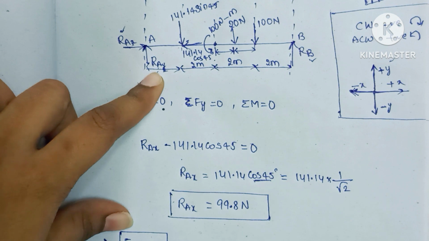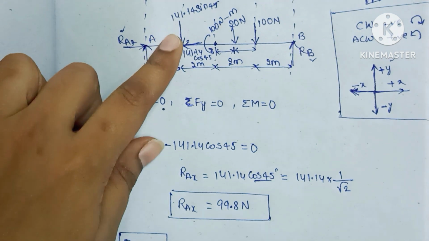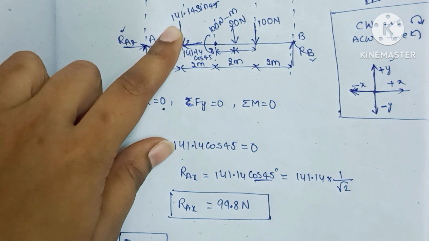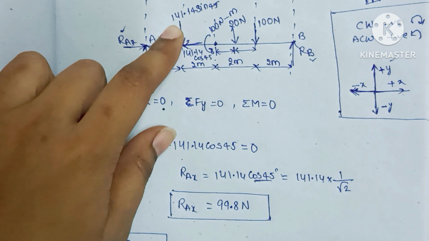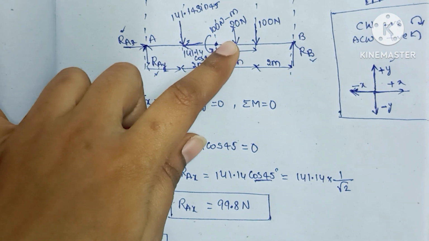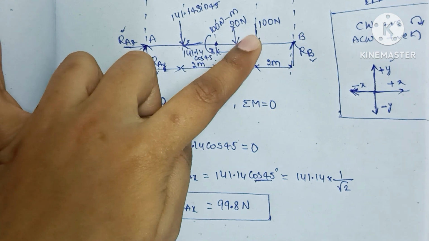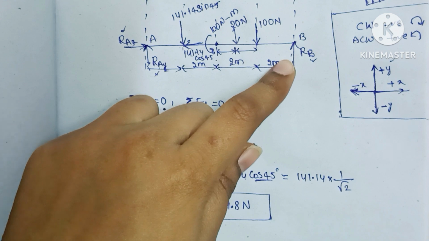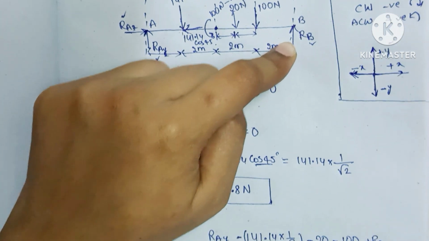Next one is acting downward, so minus 141.14 sin 45, and next here also a downward force of 20 newtons, minus 100 also downward, and RB is an upward force, which is positive.